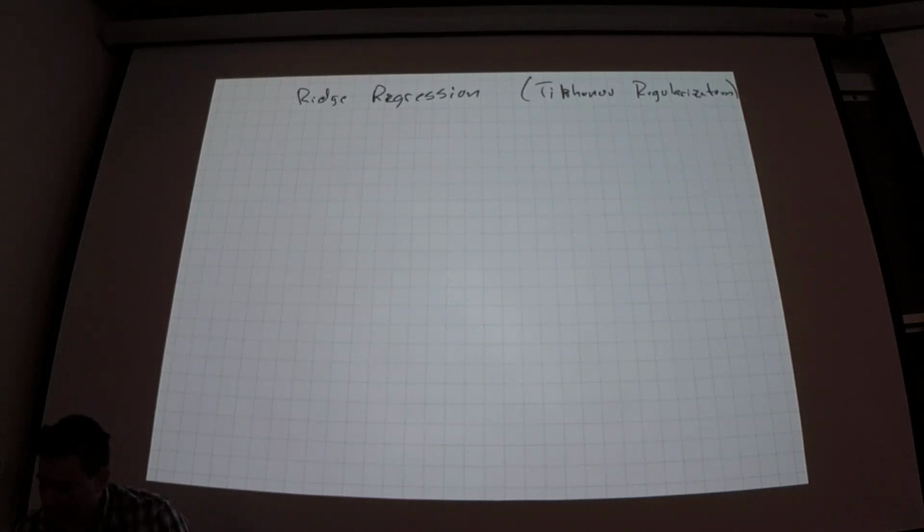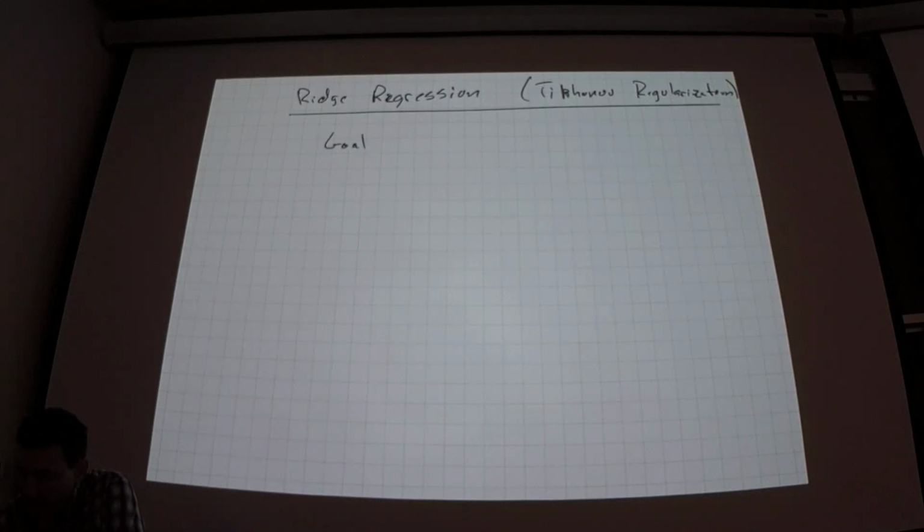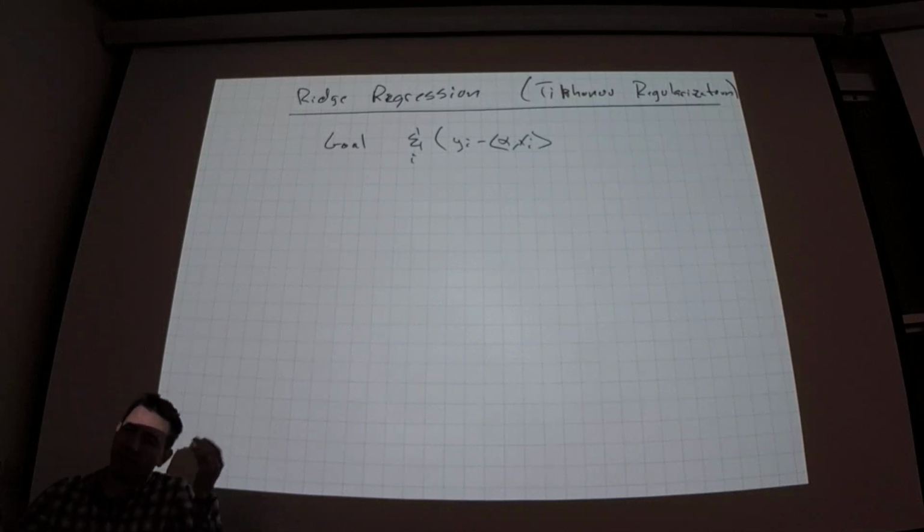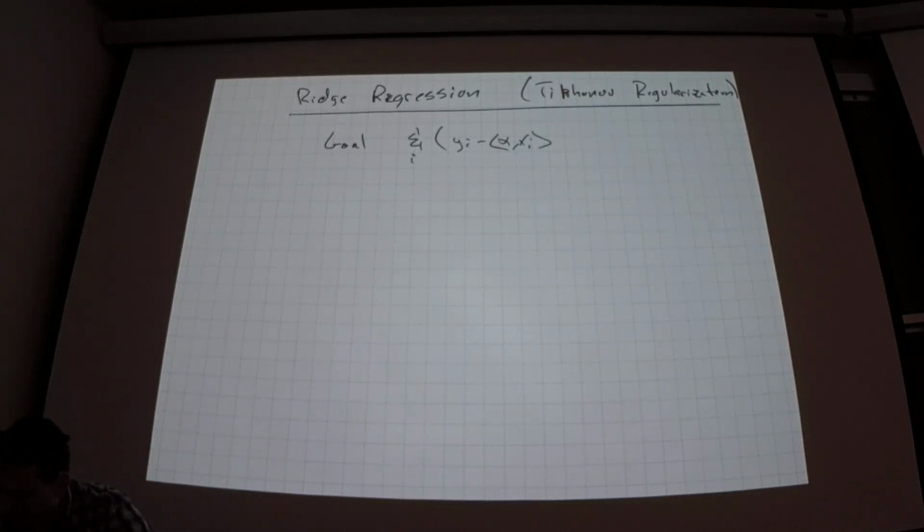Now the difference here is my goal is going to be the sum over all the data points i of yi minus some sort of model, either polynomial or just multiple variables, squared. So this is the same as before, but I'm going to add this extra term here.